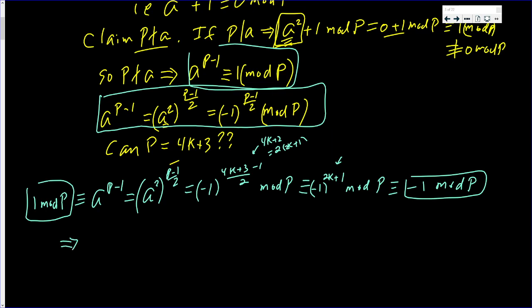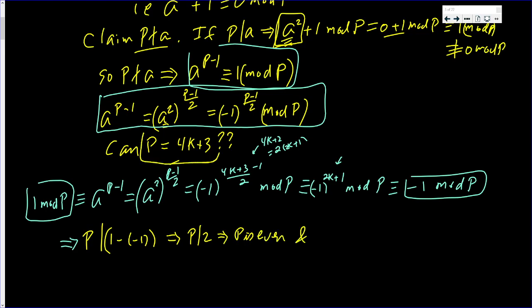Well, that implies that p must divide their difference, 1 minus negative 1. That is, p divides 2. Well, this implies that p is even. And p is odd. Even plus odd is odd.